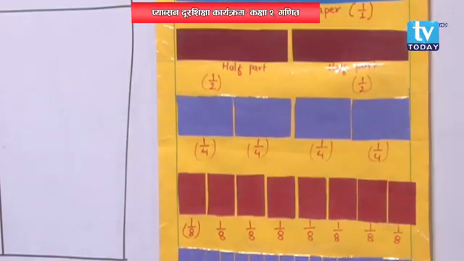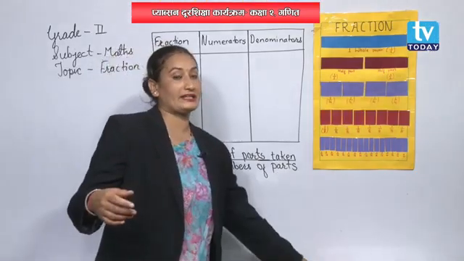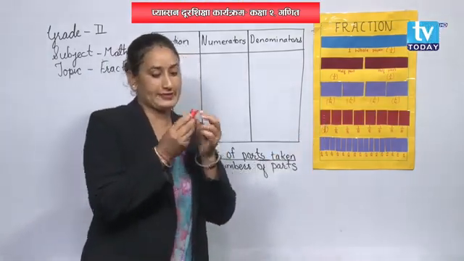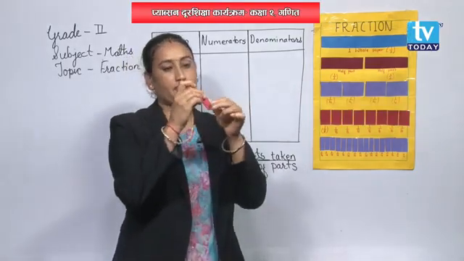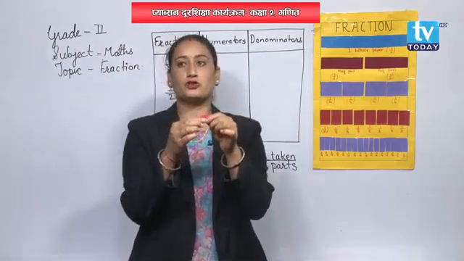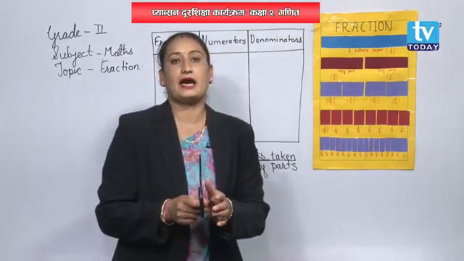Students, now, next. Again I am going to divide. Again I am cutting this paper into 2 halves. See? Again fold it. Again fold it in the middle and cut into 2 halves. Okay? Now, this one is another half.